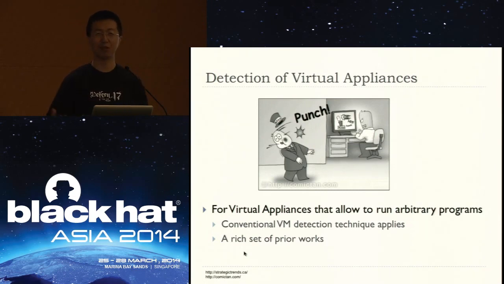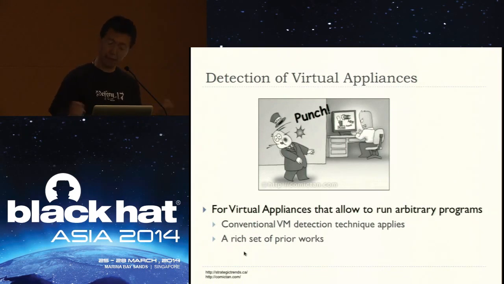If that's the case for all virtual appliances, I think I don't need to come here and give the talk, I'd just go to the pool. Because there's really a rich set of prior work, and you can run some special program using instructions like the NOP instruction and look at the behavior. So there's lots of work.